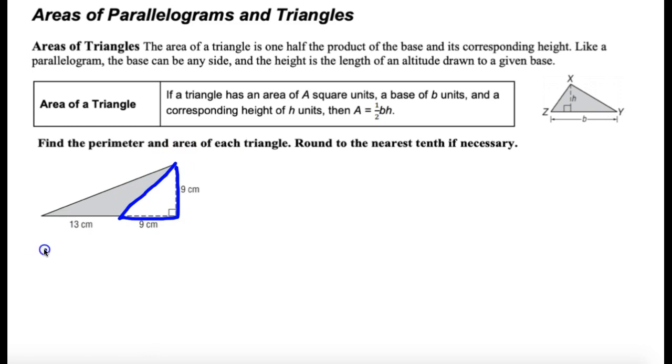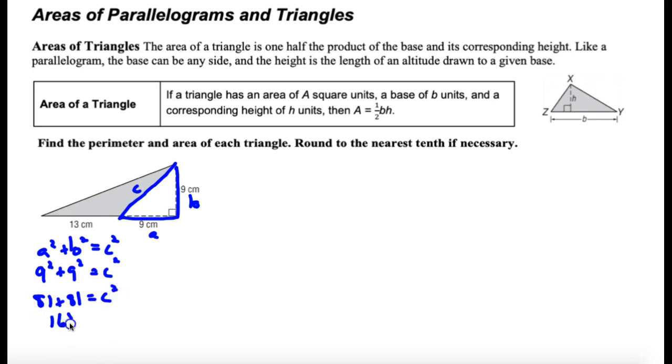Right? So if I'm doing a squared plus b squared equals c squared, the 9 and the 9 would be my a and b, and then this would be c. So my setup is going to be 9 squared plus 9 squared equals c squared. So 81 plus 81 equals c squared.